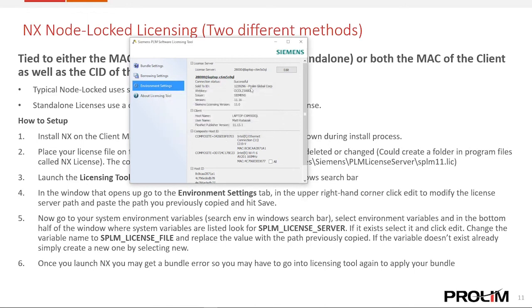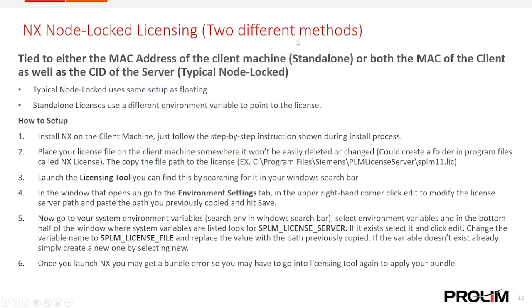What that'll do is tell NX, I don't want to point to a server, I want to point to a path on my machine, and it'll look to that path for the license file. That'll change it here, but I want to change it in one other place as well, because as far as I know, NX will by default use SPLM license server no matter what. So what I like to do is verify that doesn't exist after I've changed this. Once you have the licensing tool set up, go to your system environment variables again and check to see if there's an SPLM license server environment variable.